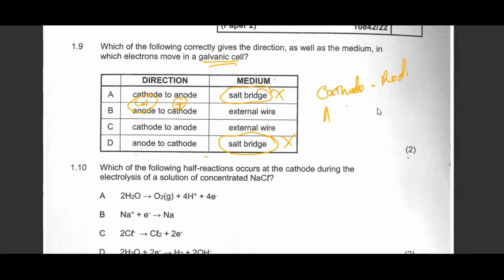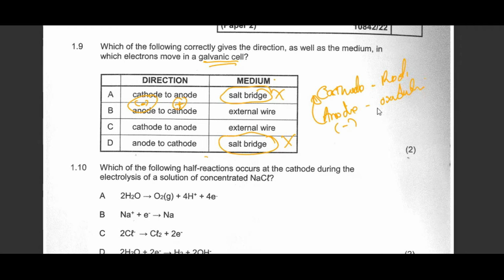And then anode is where oxidation is. So if this is negative, it means that it releases the electrons, and then the electrons move to this side.